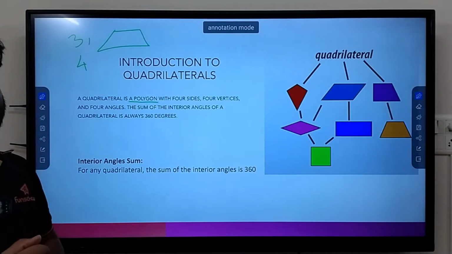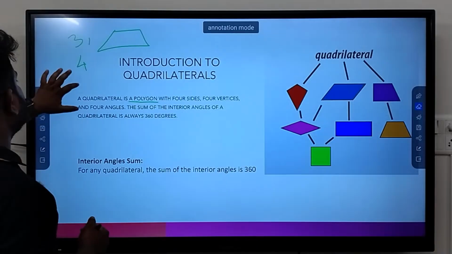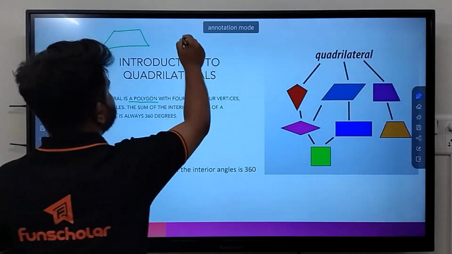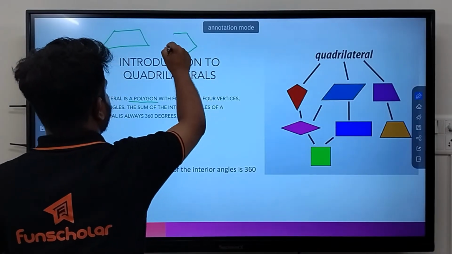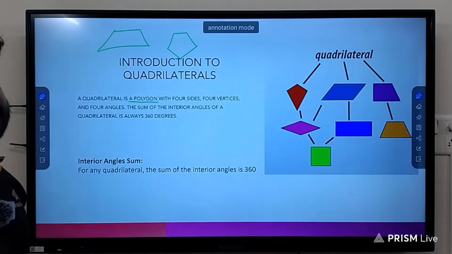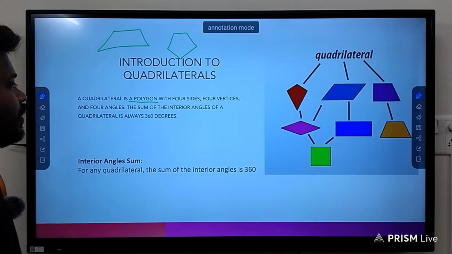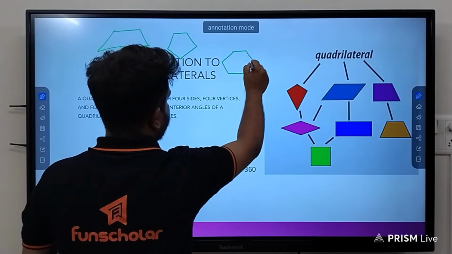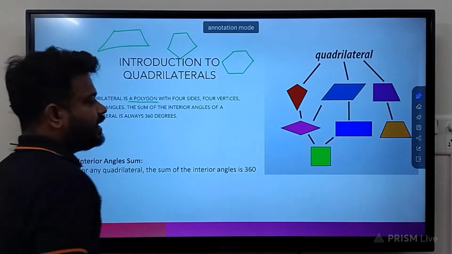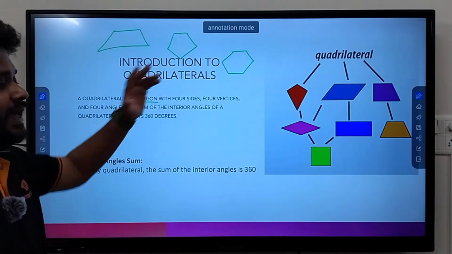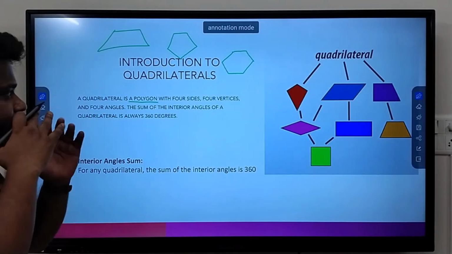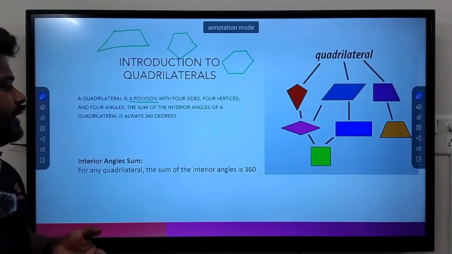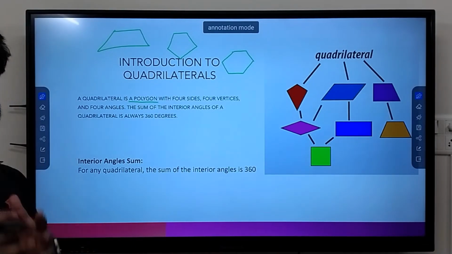When you go further, you will also learn that when a shape has 5 sides, it is called a pentagon, when a shape has 6 sides, it is called a hexagon, and then like this it will be heptagon, octagon, nonagon, decagon. Okay, so these are all called polygons.